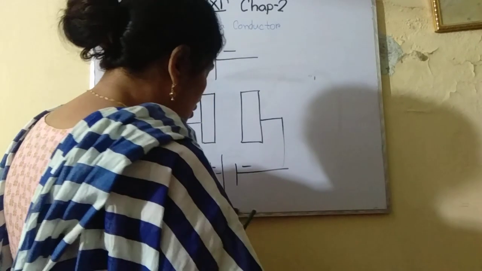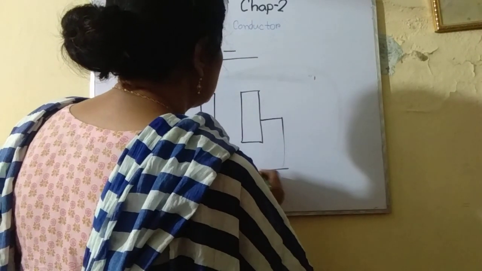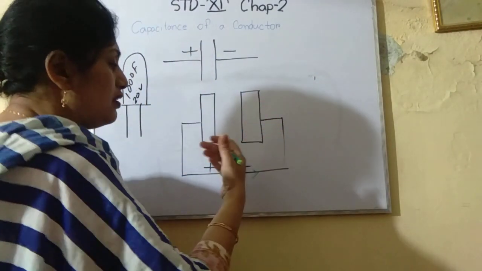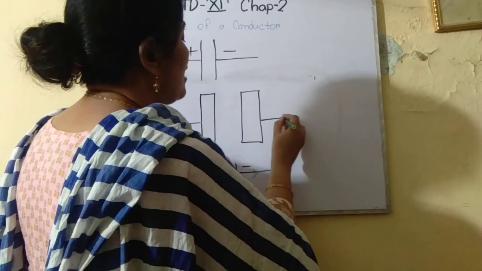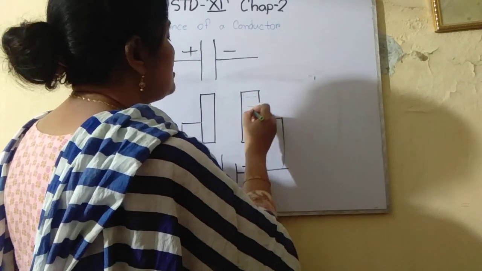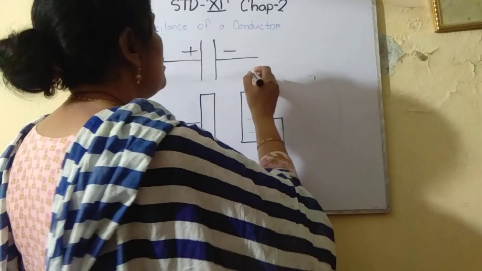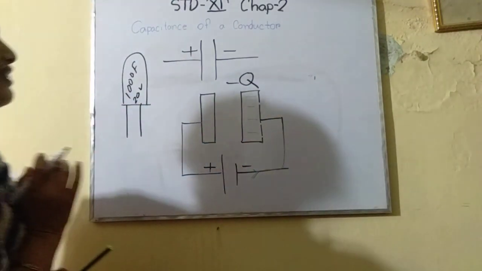Electrons, because negative means in the low potential region there are excessive electrons. So electrons will move through this wire and will be accumulated on this plate. So this plate will be negatively charged. Minus Q charge will gather here.